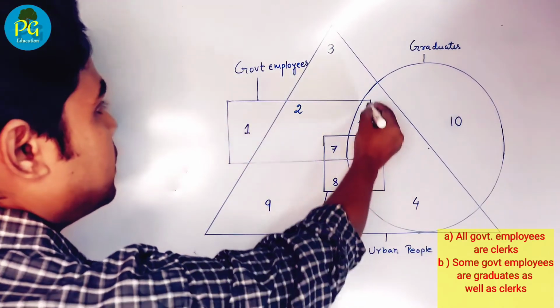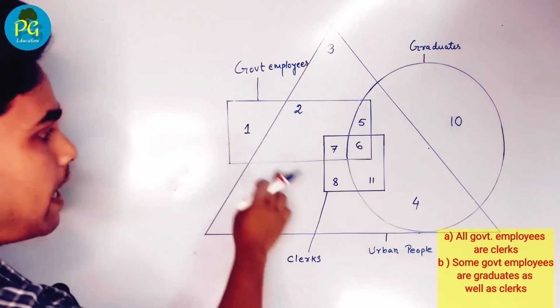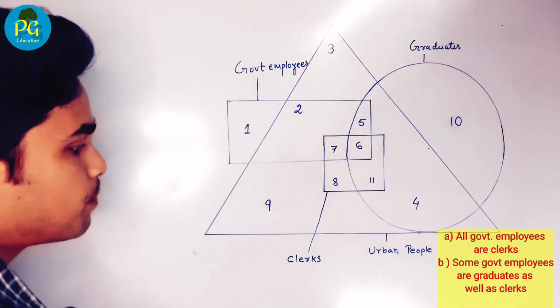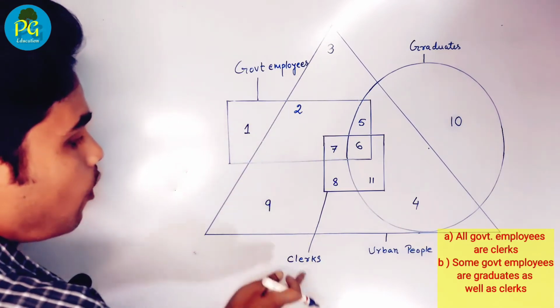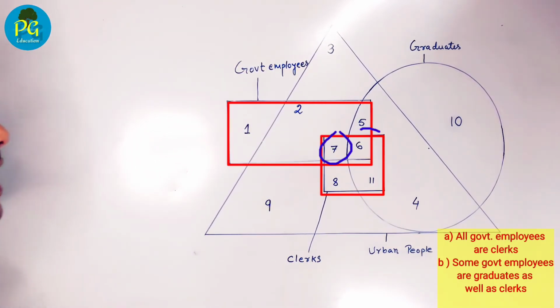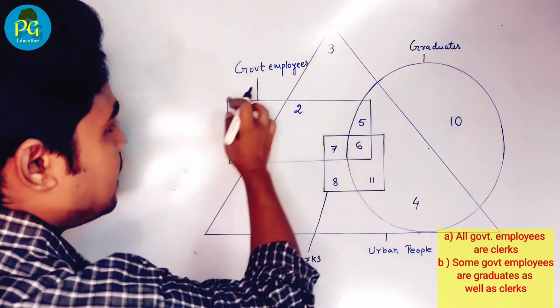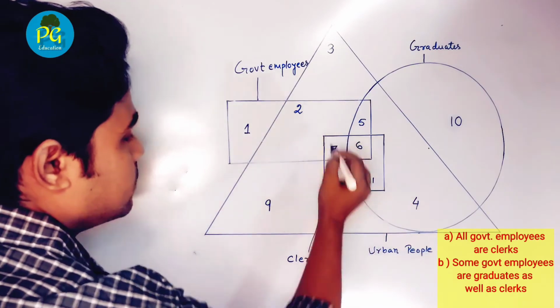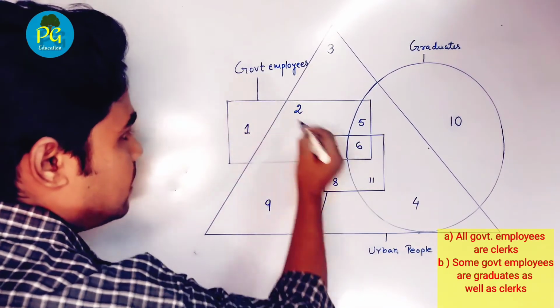This is the region for government employees and this square represents clerks. Now we have to find the common numbers between these two regions. Here you see 7 is government employee as well as clerk. 6 is government employee as well as clerk.